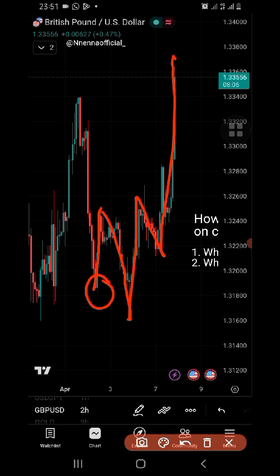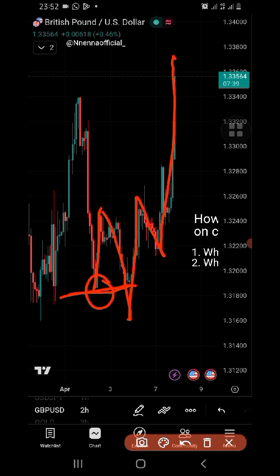First of all, where is the manipulation? This area where the higher low was taken out was the manipulation, and that's the background for this trade. This is the manipulation here. A higher low being taken out, multiple higher lows being taken out, or a higher low being swept.